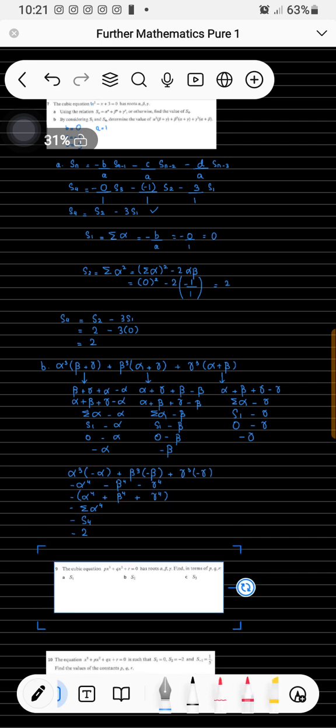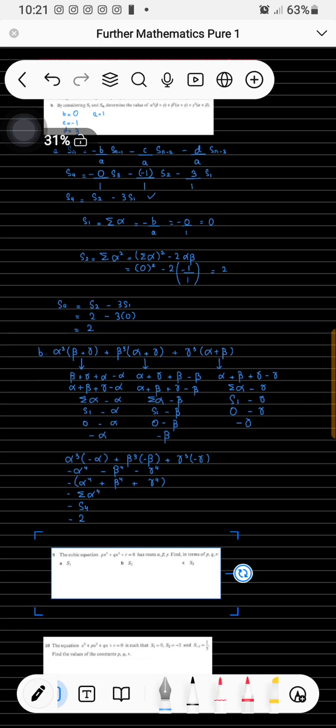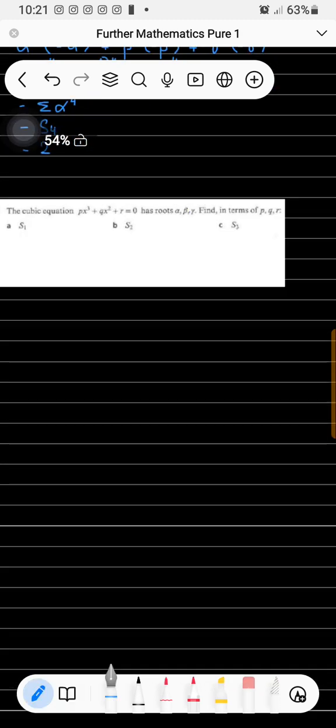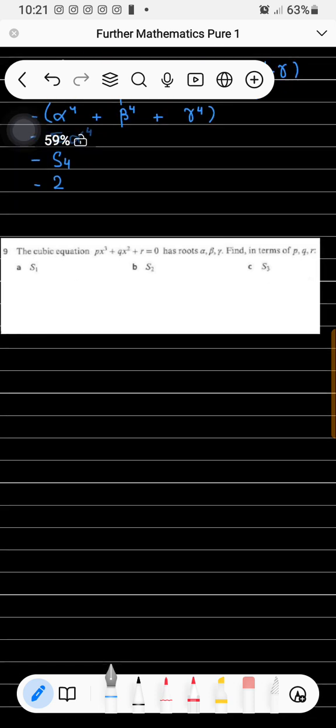Okay, here is our next question. The question says the cubic equation px cube plus qx square plus r equal to 0 has roots alpha, beta, gamma. Find in terms of p, q, r.